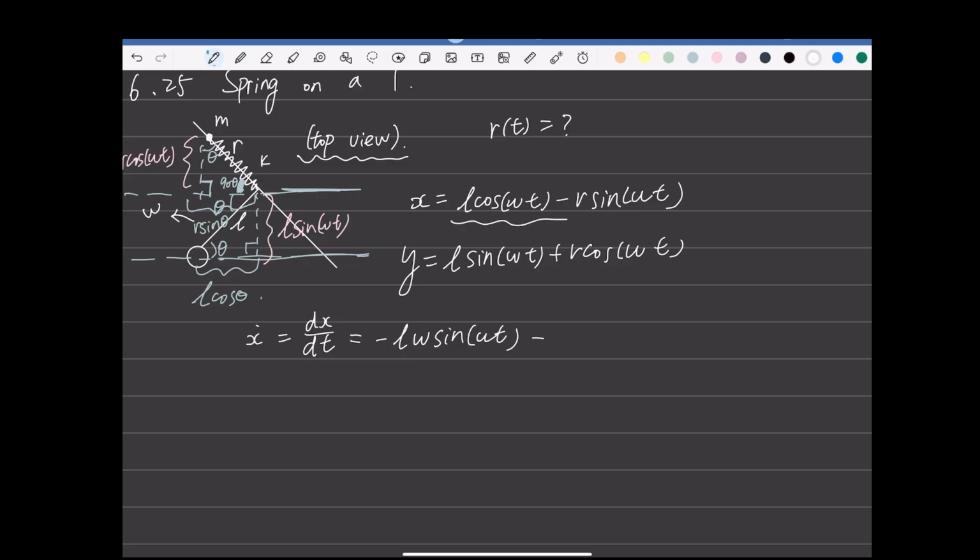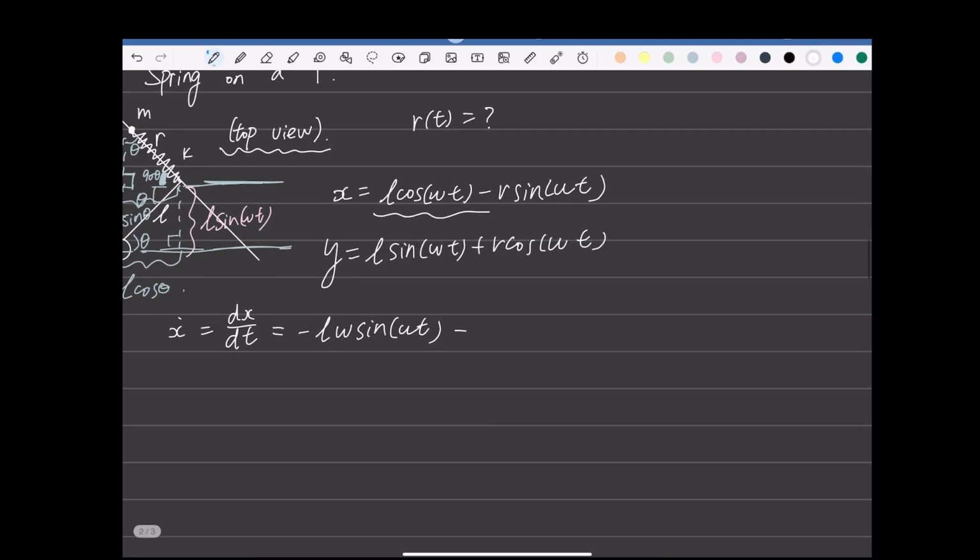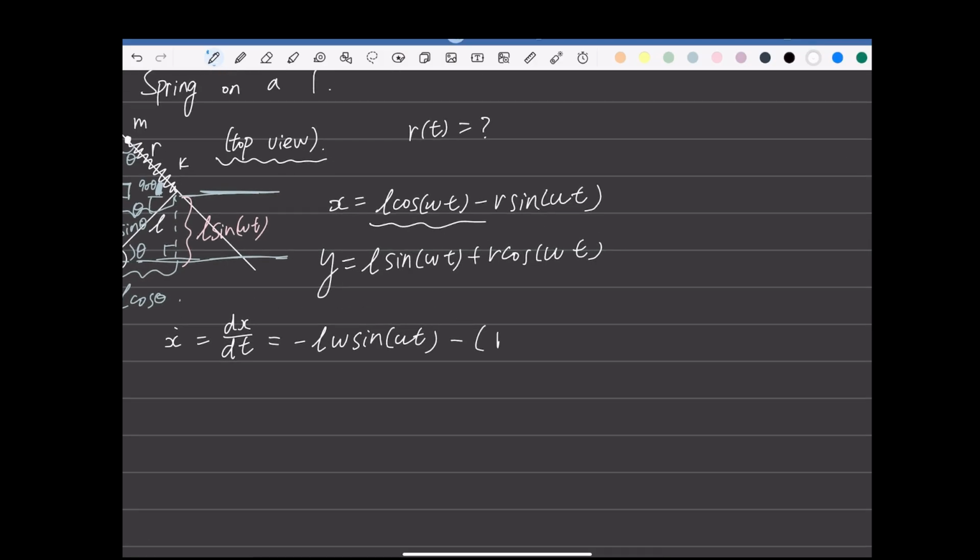What about this next term? Both r and sine omega t are variables, so we should use the chain rule here. Let's differentiate r first. So it's r dot, dr/dt, r dot sine omega t plus r omega cosine omega t. So again, the chain rule here.